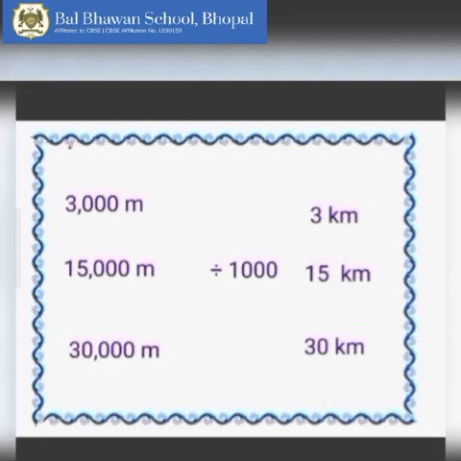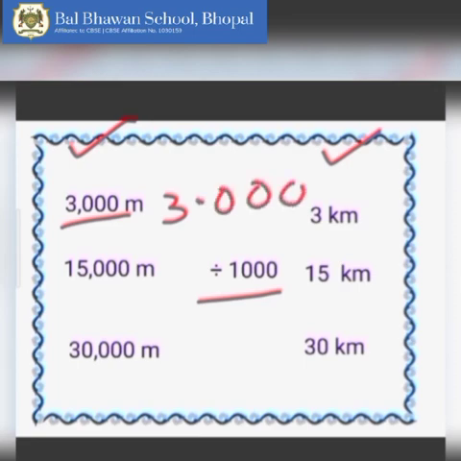So to convert from meters to kilometers, we need to divide by 1000. And when we divide by 1000, we need to put the decimal after the 3rd place from the right hand side. So here in 3000, we will put the decimal before these 3 zeros.